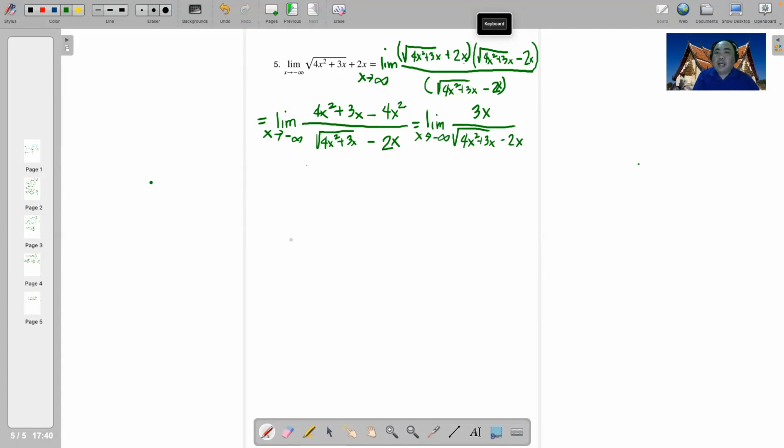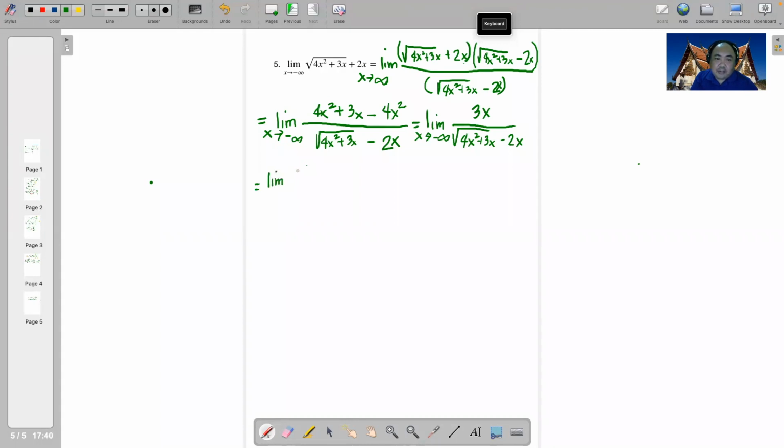Right. And now we remember, we can ask again, what is the largest exponent with respect to x? It will appear that the largest exponent with respect to x is x. But because we have a radical, we can make an appropriate adjustment for that. So how do we do that?